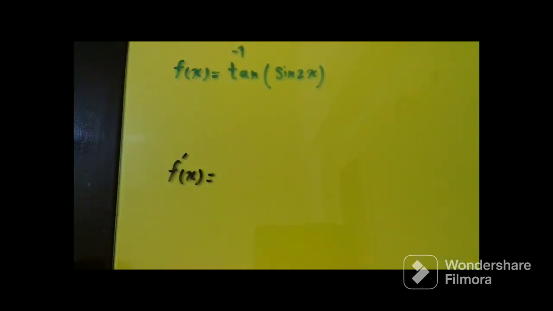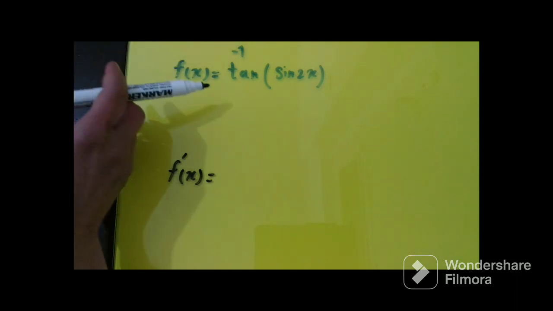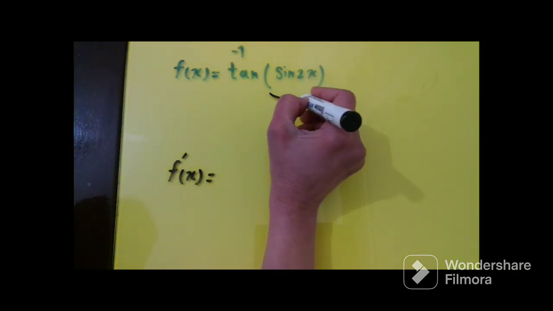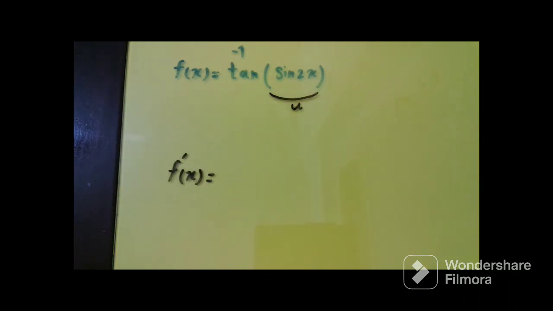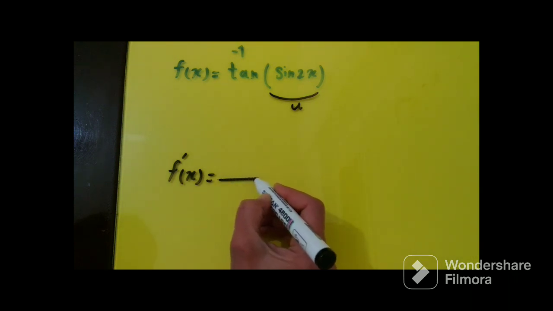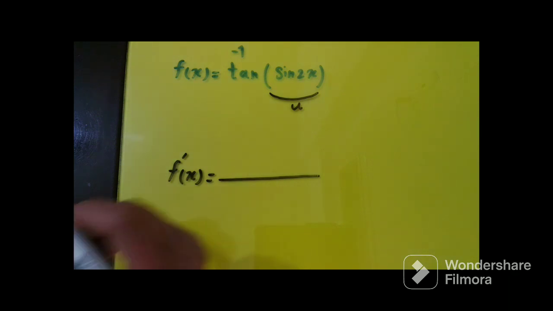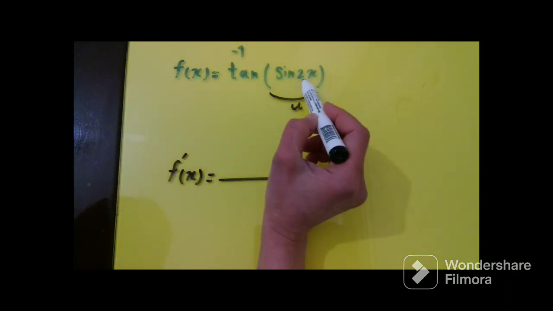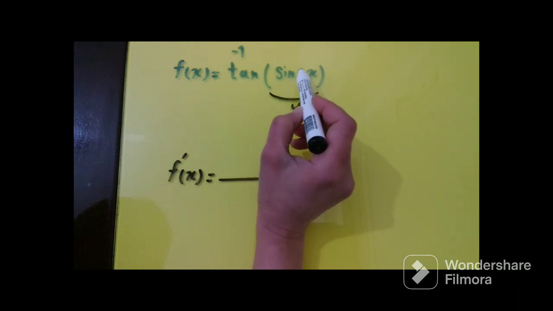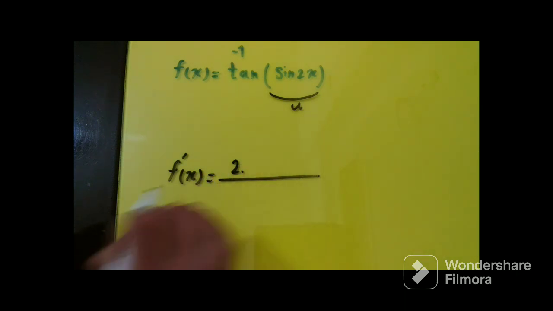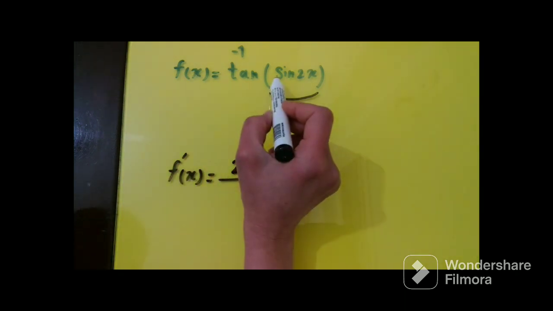Okay guys, in this example we should get the derivative of inverse tangent sine 2x. This term is u. According to the formula for up, it's u prime. For getting the derivative of u, first you should get the derivative of this term. The derivative of this term is the coefficient 2 times, now you should get the derivative of sine.